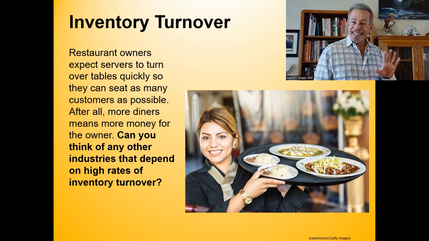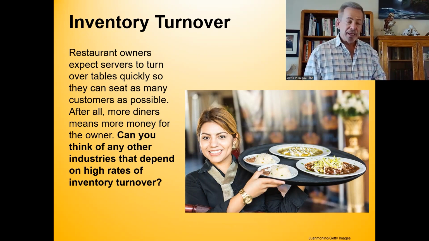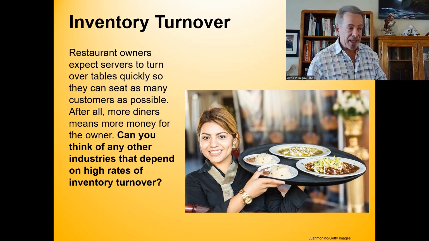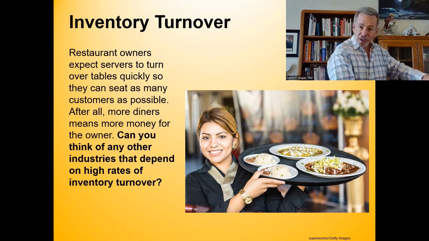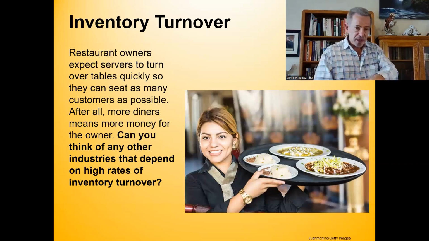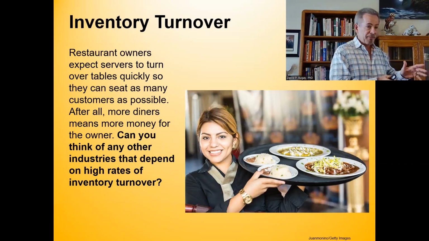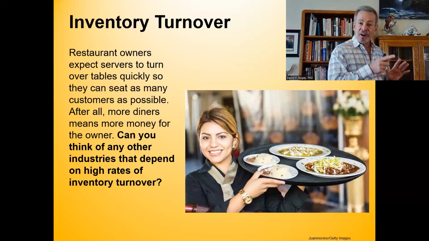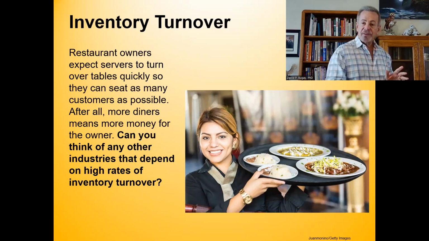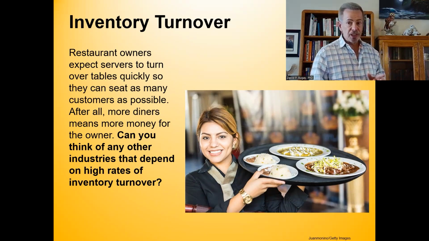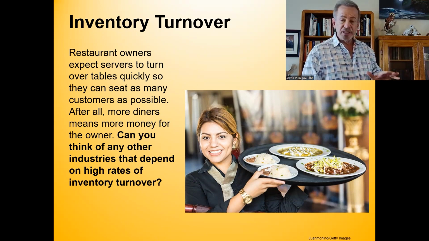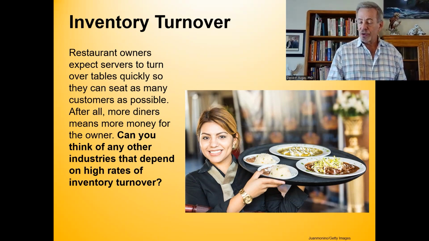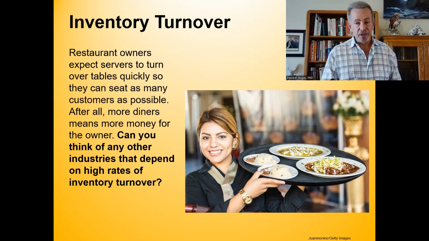She wants them to be in and out in an hour because if she gets them in and out in an hour, somebody else can come and take that person's place. She wants the inventory to go out, inventory comes in, and by the way, she makes a tip off this one, she makes a tip off that one. If she can crank out that table, do 5 turnovers every night in a 5-hour shift, she'll be doing really good because she'll have 5 different tips as well as the hourly wage she's making on top of that. For her, the inventory turnover is a bit critical.